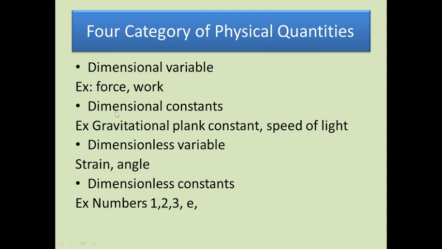Some constants also have a dimensional formula. Dimensionless variables are physical quantities which don't have a dimensional formula, like strain and angle. Dimensionless constants: some constants also don't have a dimensional formula, we can just represent them in terms of numbers like 1, 2, 3, epsilon or pi. These are dimensionless constants.